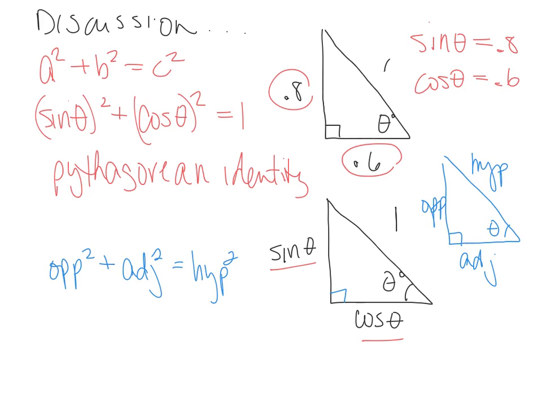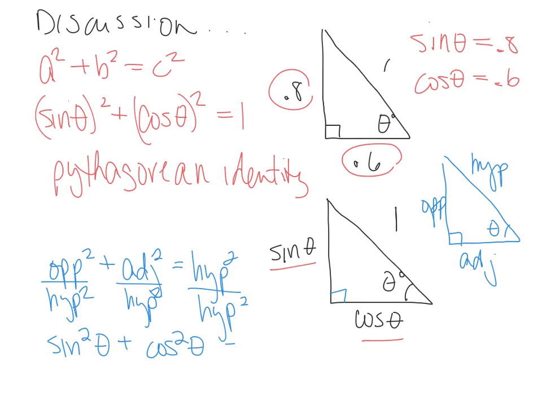If I divide everything by hypotenuse squared, because I want to get 1, I have opposite over hypotenuse, which is sine, squared, plus cosine squared, equals 1. I have the same thing.